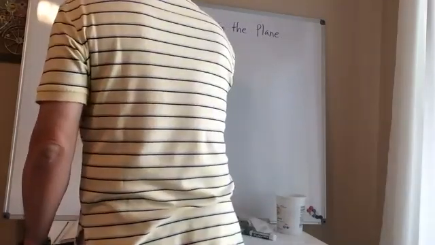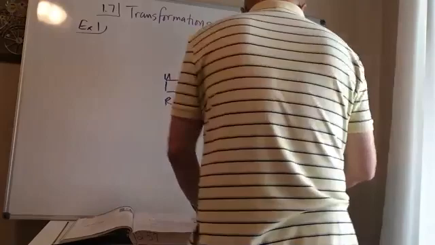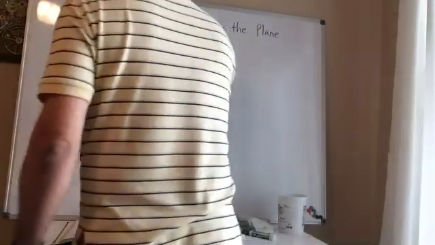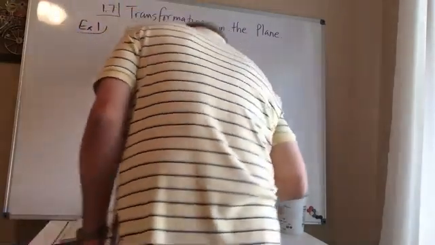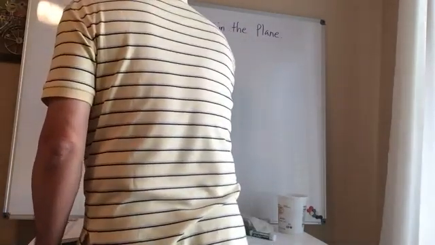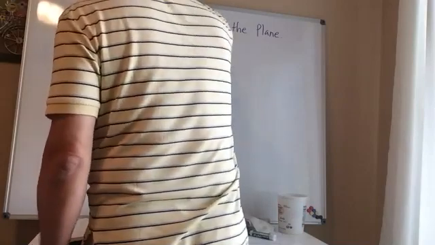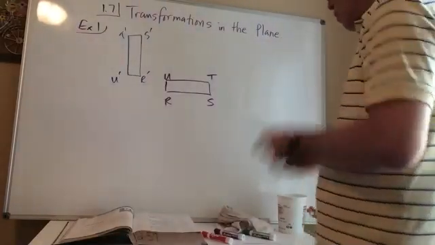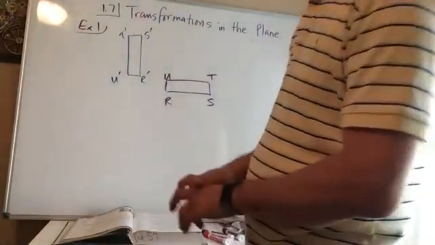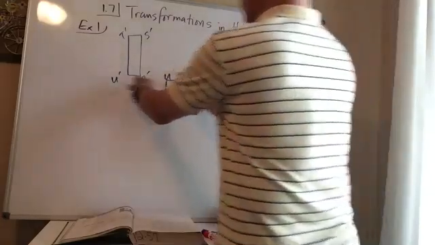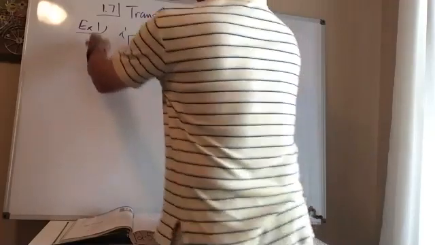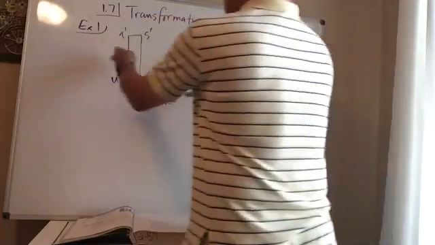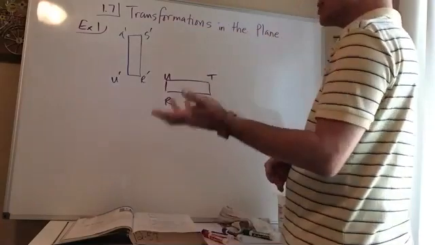And it's going to end up looking like this, where I have U prime, R prime, T prime, S prime. Okay? Again, this is not a translation, because if it was a translation, it would have gone like this, right? It would be like this, and I would just move this somewhere, anywhere over here, right? And I'm never going to be able to do this. So it's not a translation.